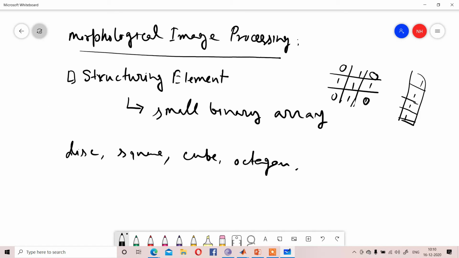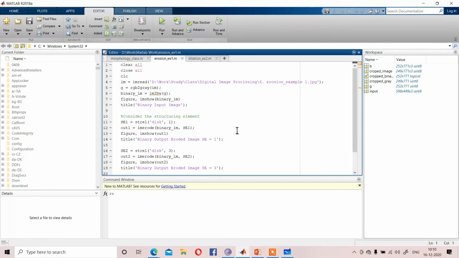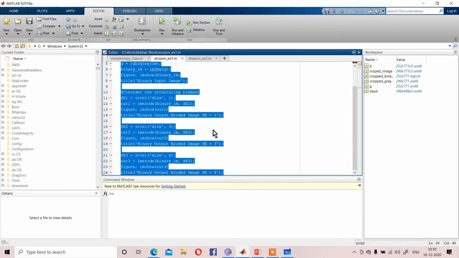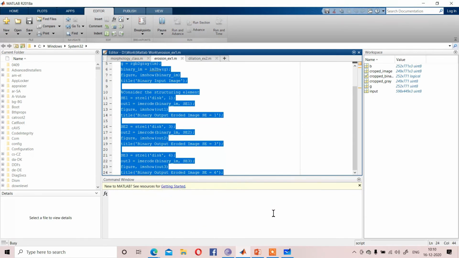Why are we taking the structuring element? To understand that, you have to come to the erosion part. Suppose I am providing you an example. Just check the example very correctly because it is very important.